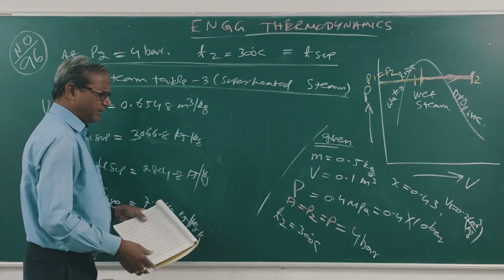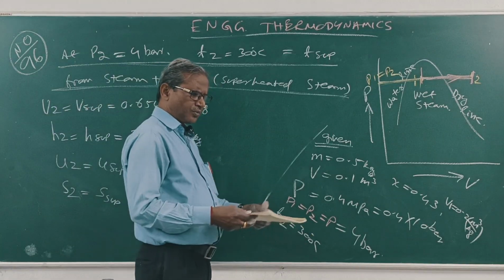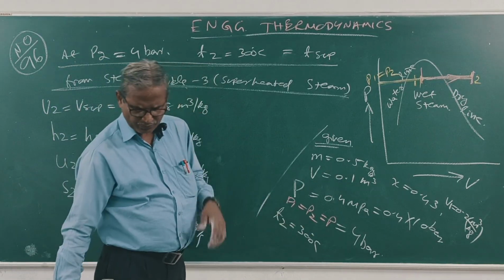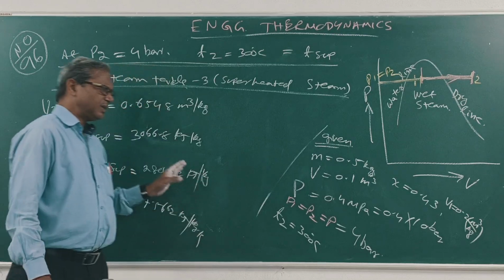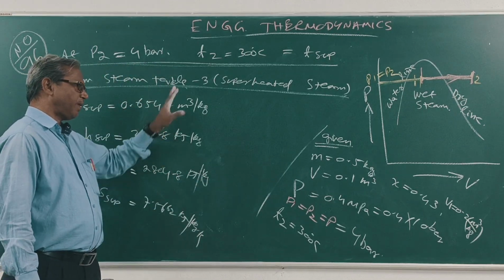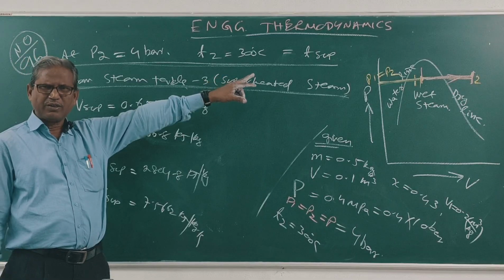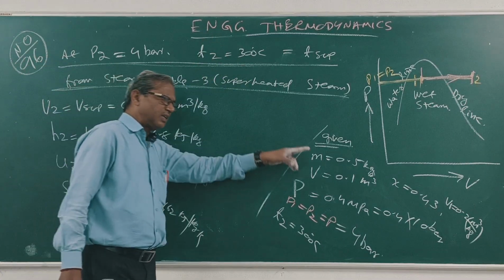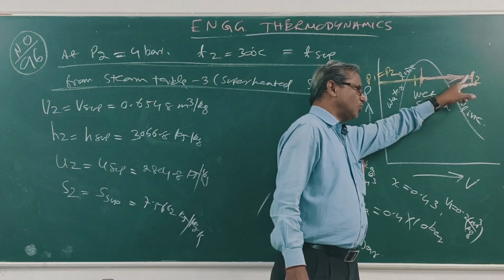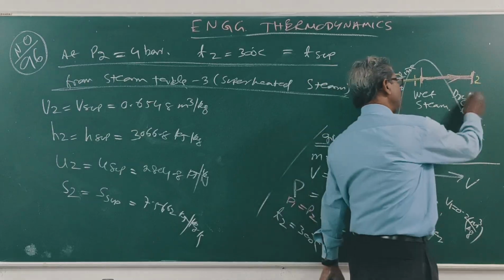Right? Now, these are the values of steam at 4 bar, 300 degree centigrade, for the superheated condition, that is at point 2. This is point 2. Clear?